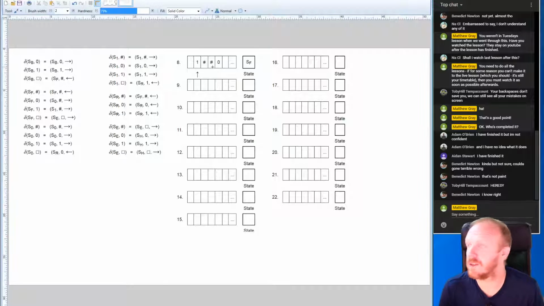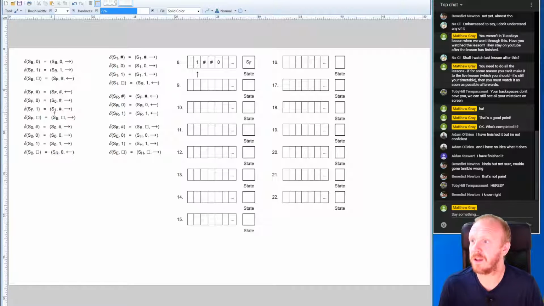So each time we need to decide what to do, we look at what the current tile is that's being read on the tape, and we look at what the current state is. We then find the transition function, the delta function that applies to that, and read off what it should be. So the first one, it's currently reading a 1, and we're in state SF. So there's the delta function that applies, state SF and reading a 1.